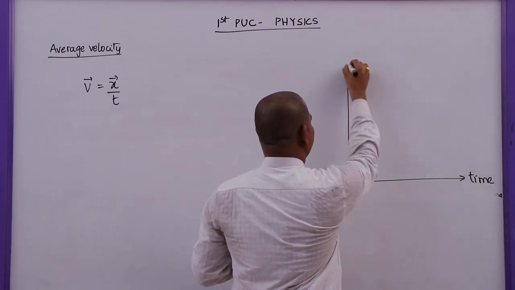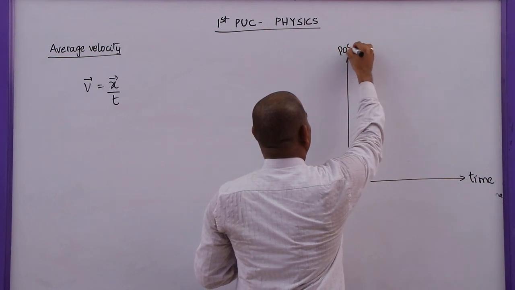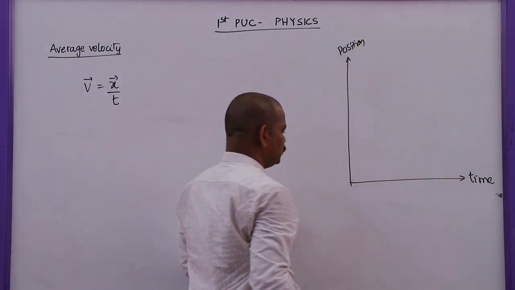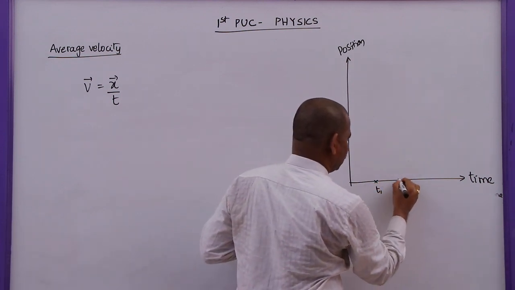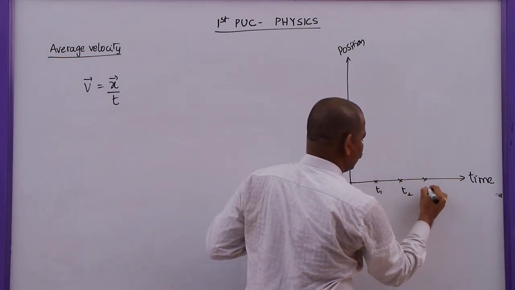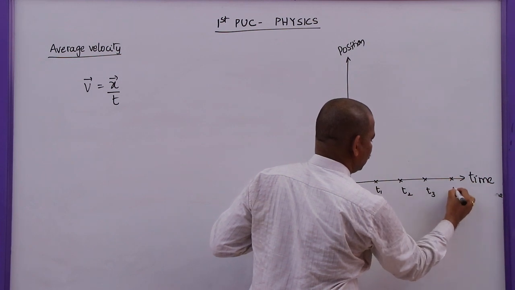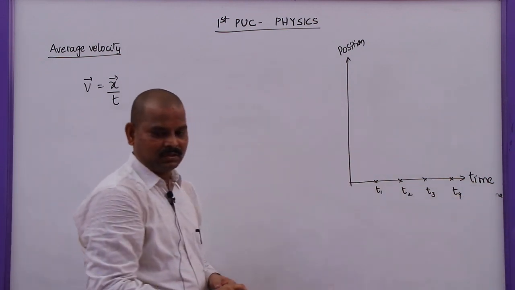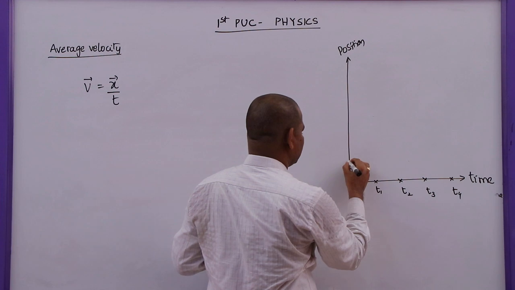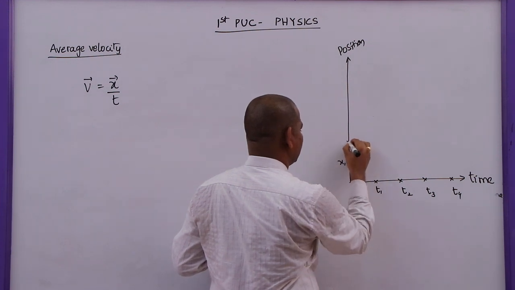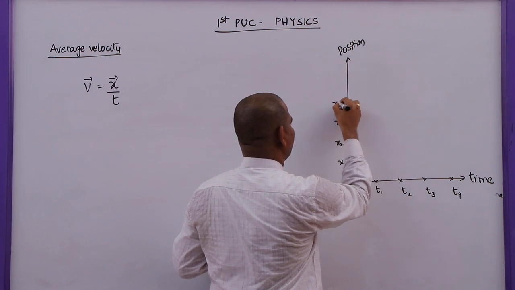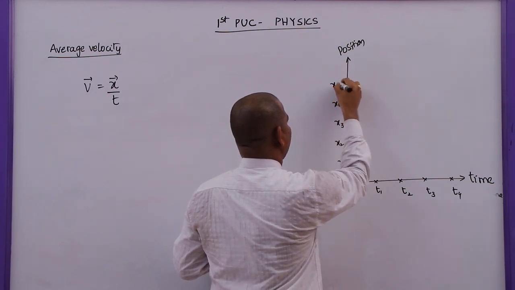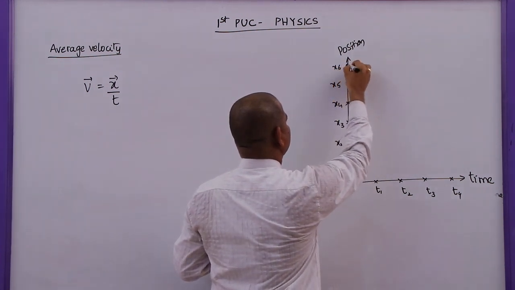Here I am taking t1, t2, t3, t4 along the x-axis, and the corresponding displacements x1, x2, x3, x4, x5, x6.